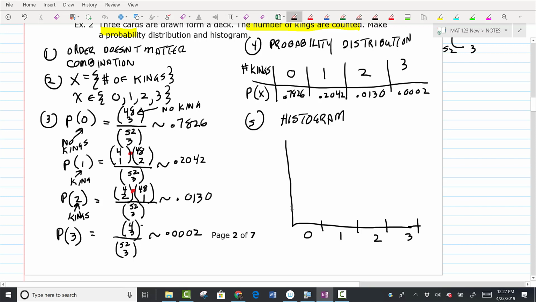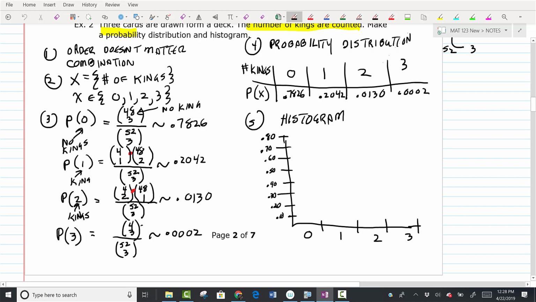The highest percentage we got was a little bit over 75, so let's go 0.10, 0.20, 0.30, and so forth. You can just put 0.1, 0.2, 0.3. It doesn't have to be perfect. You just want to get everything on there and estimate how that goes. So that would be your probabilities.